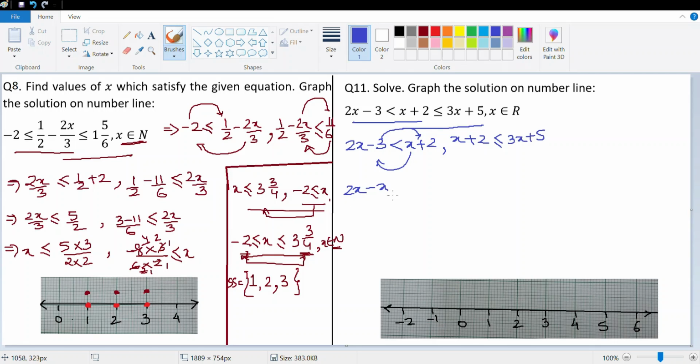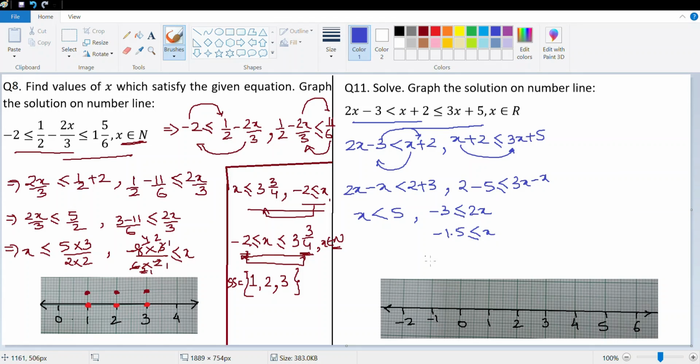So this is 2x minus x is less than 2 plus 3. And I take x on this side because I always prefer to keep x positive. So this is 2 and 5 would become negative, and this is 3x minus x. This is x is less than 5 and 2 minus 5, that's negative 3, is less than 2x, which means negative 1.5 is less than x.